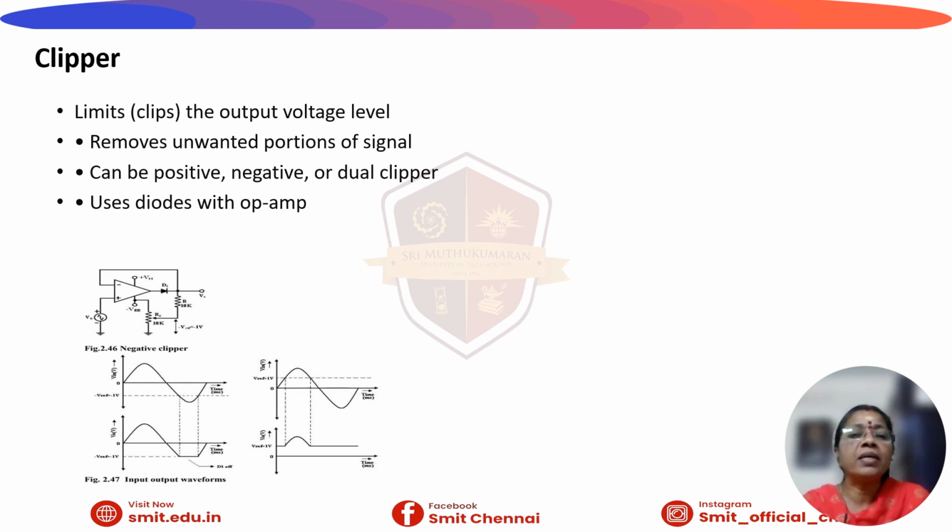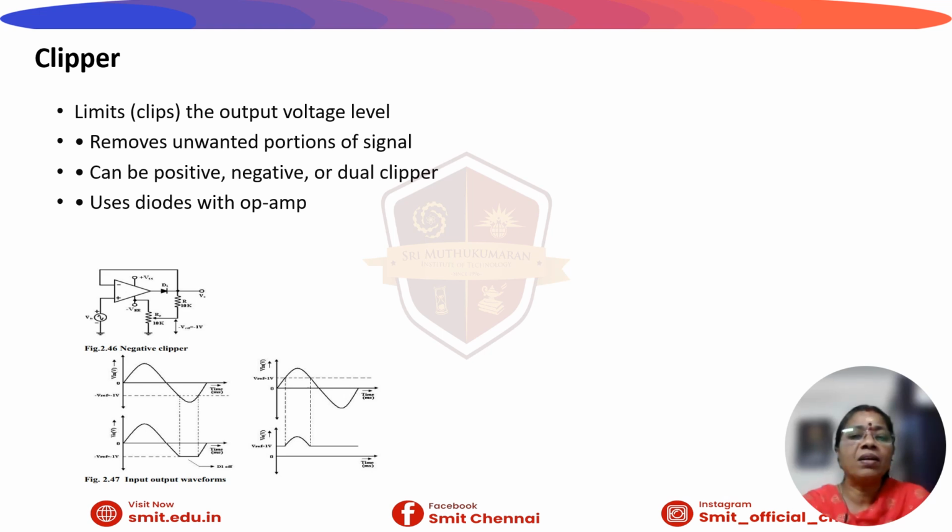When you see the waveform, the input is a sine wave and if V reference is positive, then the portion above the V reference voltage will act as the voltage follower. Hence, the output voltage follows the input above the reference level.